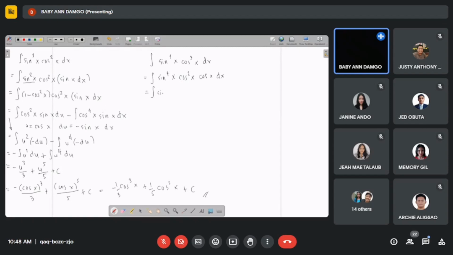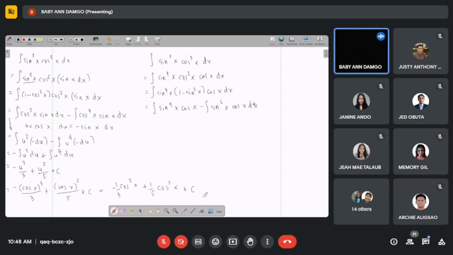So we have sine to the fourth x times 1 minus sine squared x, because cosine squared x plus sine squared x is equal to 1, times cosine x dx. Simplifying, we have sine to the fourth x times cosine x minus sine to the fourth times sine squared, so sine to the sixth x times cosine x dx.